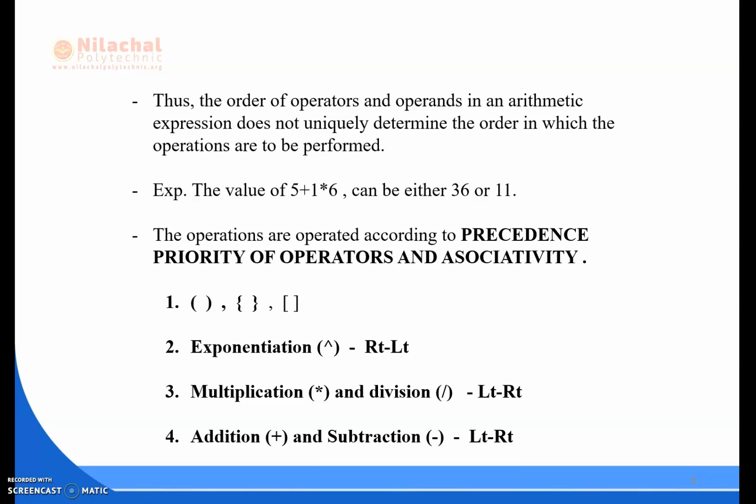Similarly, in the addition and subtraction case also, the associativity rule moves from left to right of the arithmetic expression to find out which operator comes first, and that will be solved first. So this is our precedence priority of operators and associativity rule.